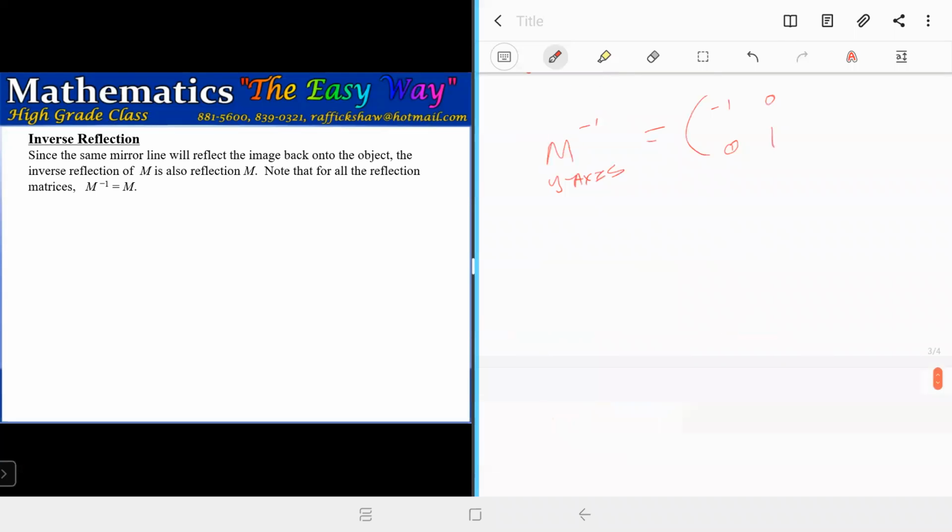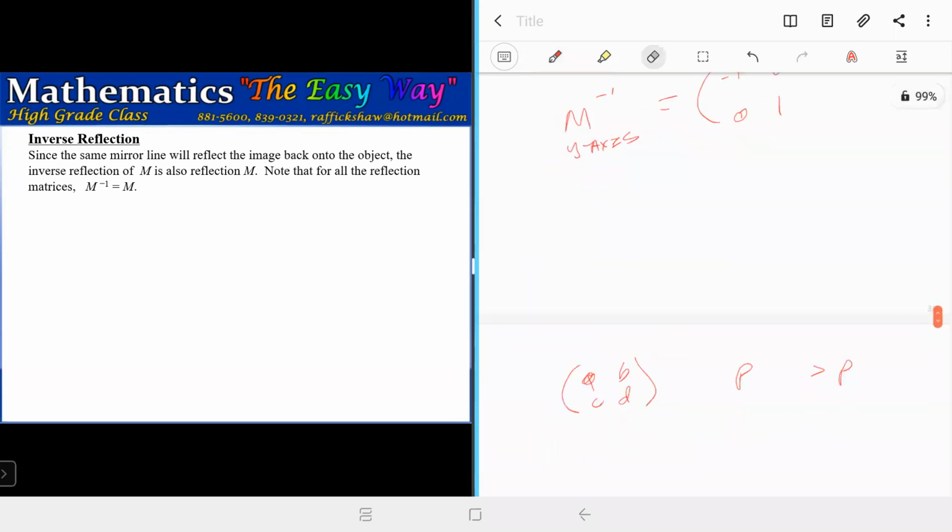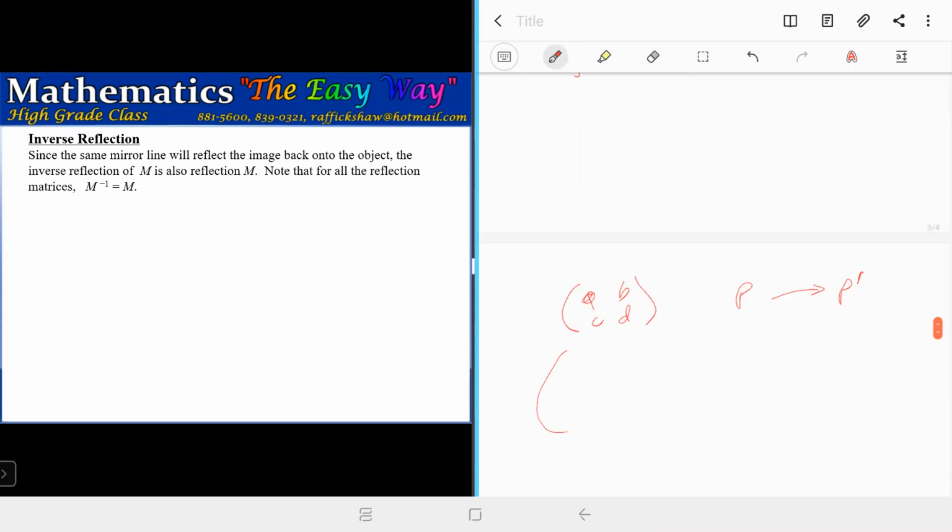Because if a transformation matrix, A, B, C, D, moves a point from P to P prime, let's call the matrix M, then the inverse of this, which is 1 over the determinant times the adjoint, will move P prime back to P. So M moves P to P prime, then M to the minus 1 moves P prime back to P. We're going to see that later on.